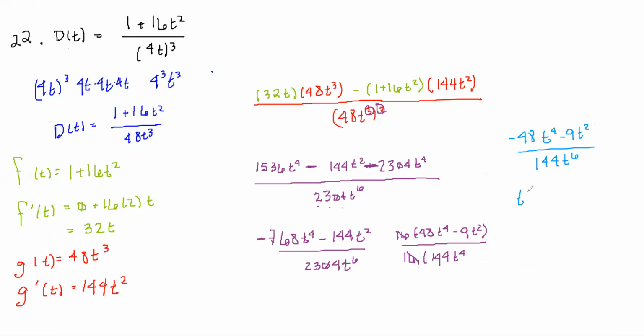Let's do that right now. T squared. So our final answer will look something a little bit more like this, which is definitely more digestible than this mess up there.